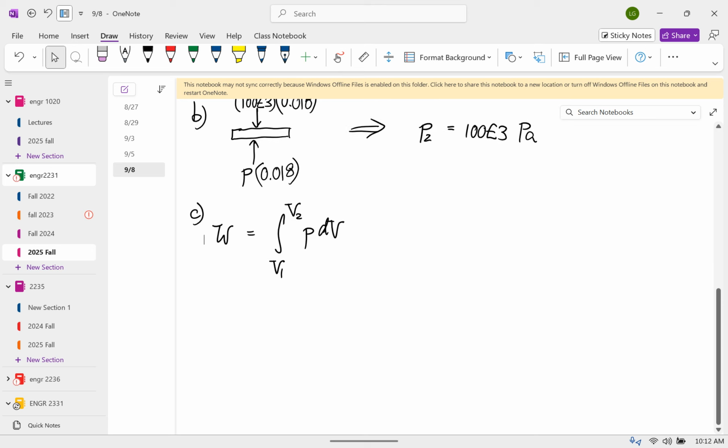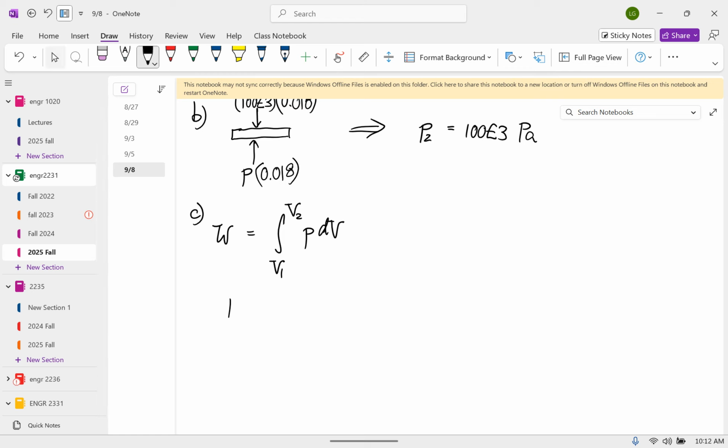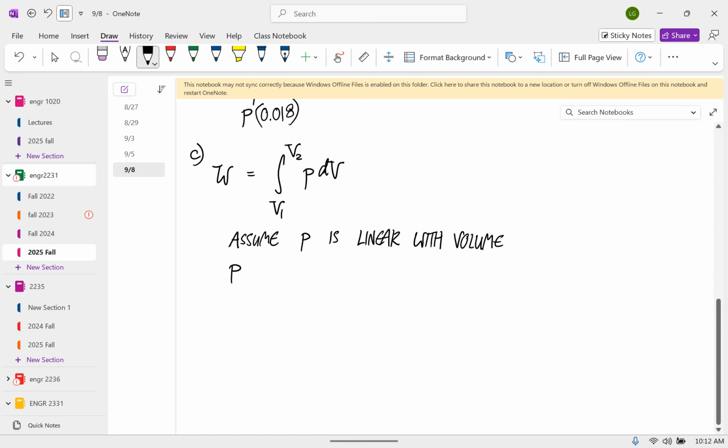So we can say, assume P is linear with volume. I'm going to think of P as M times volume plus B, and I'm going to fit it to those 2 points.